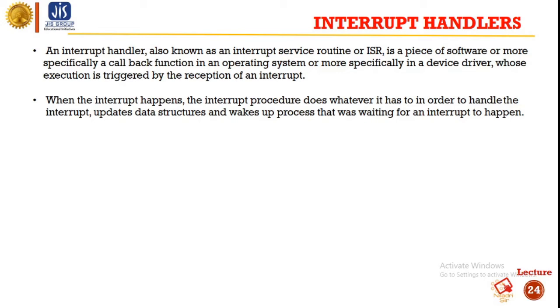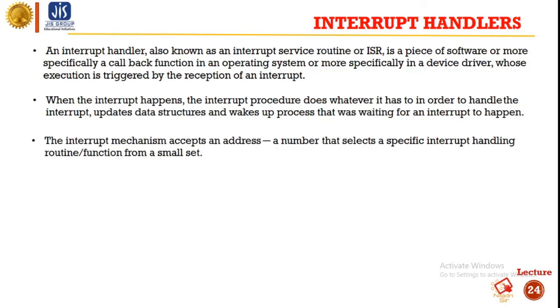The CPU then invokes the interrupt handler for the device that sent the interrupt signal. The job of the interrupt handler is to service the device and stop the device from interrupting. When the interrupt handler returns, the CPU resumes the work it was doing before the interrupt occurred.